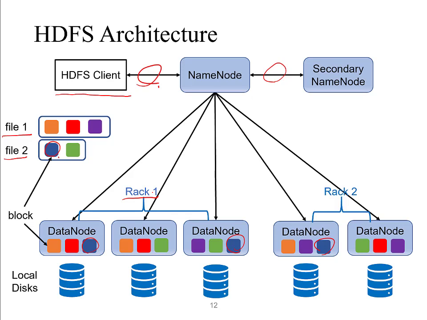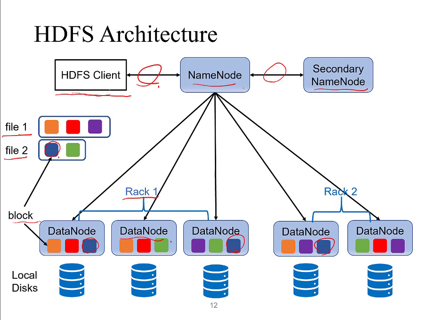So in the rest of today's lecture, we're going to introduce what is the name node, what is the secondary name node, what are the data nodes here, and how the files are turned into blocks, and how the blocks are stored in data nodes, and how the client, there are two kinds of operations here.